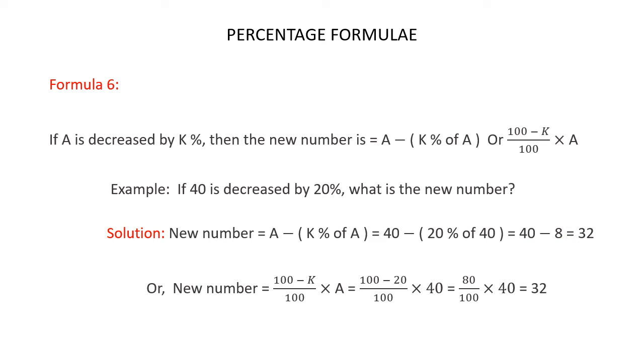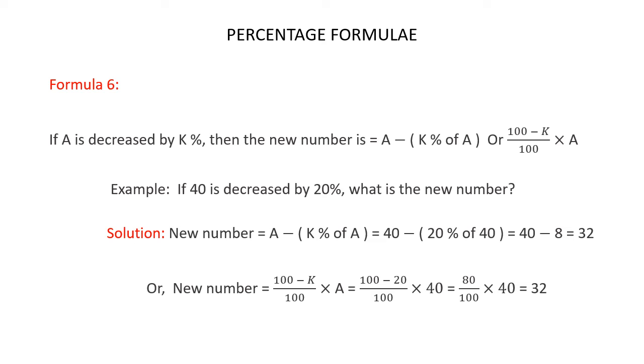Here k% of A gives us the decreased value. When you subtract the decreased value from the original number, you will get the new number. So 20% of 40, which is 8, is the decreased value. When you subtract 8 from 40, you will get the new number 32.